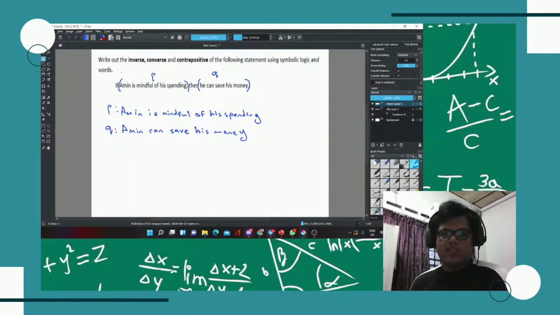So by this conditional statement, it is P implies Q.